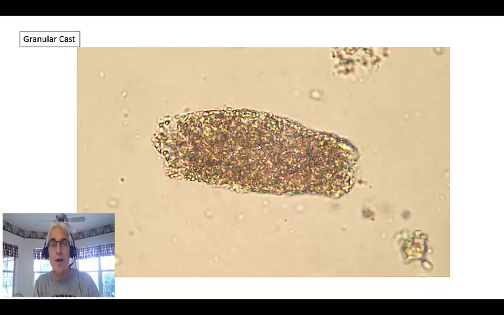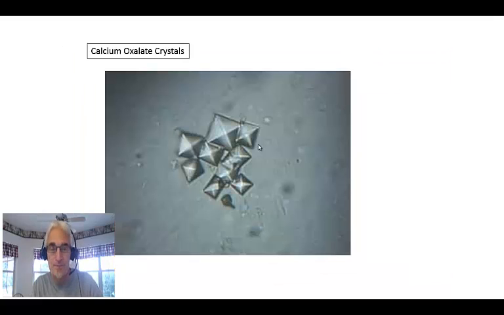This is called a granular cast. On occasion, you may see one of those in a totally normal person. But when you see bunches of granular casts, that's bad news. That's suggestive of a renal failure sediment, some sort of acute tubular necrosis that's ongoing.